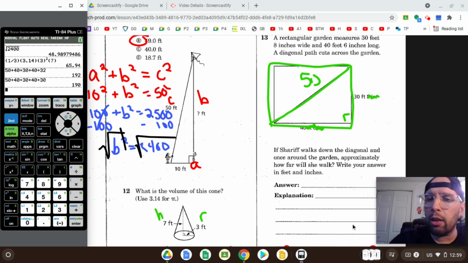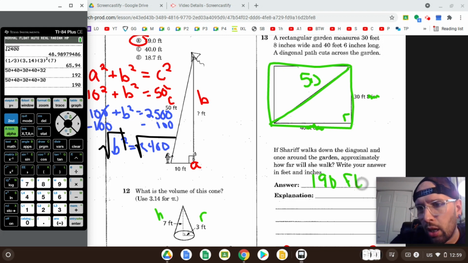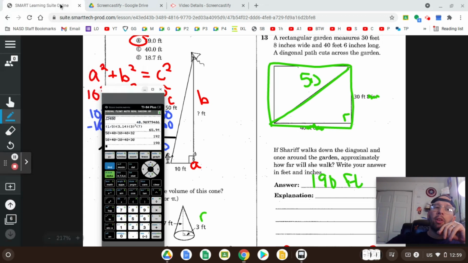So my answer is 190 feet. And my explanation is that I rounded it to 30 and 40. I used Pythagorean Theorem to find the diagonal. And I added up the diagonal on all 4 sides.